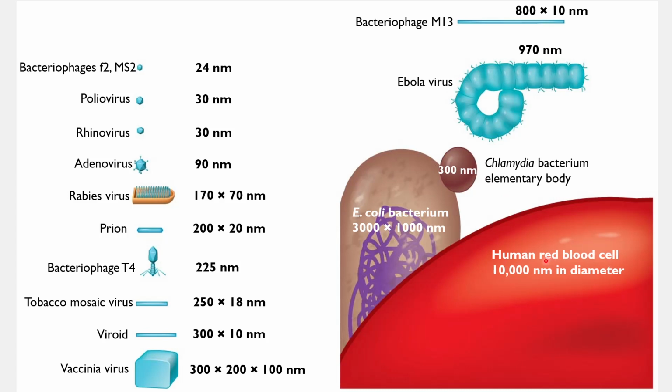So among the smallest types of viruses are bacteriophages, and these are all the way down at 24 nanometers in size. We will also talk about bacteriophages later. Some human viruses that are particularly small are poliovirus, rhinovirus, and adenovirus. Larger viruses exist too. For example, the Ebola virus is a very large virus that is 970 nanometers in size.